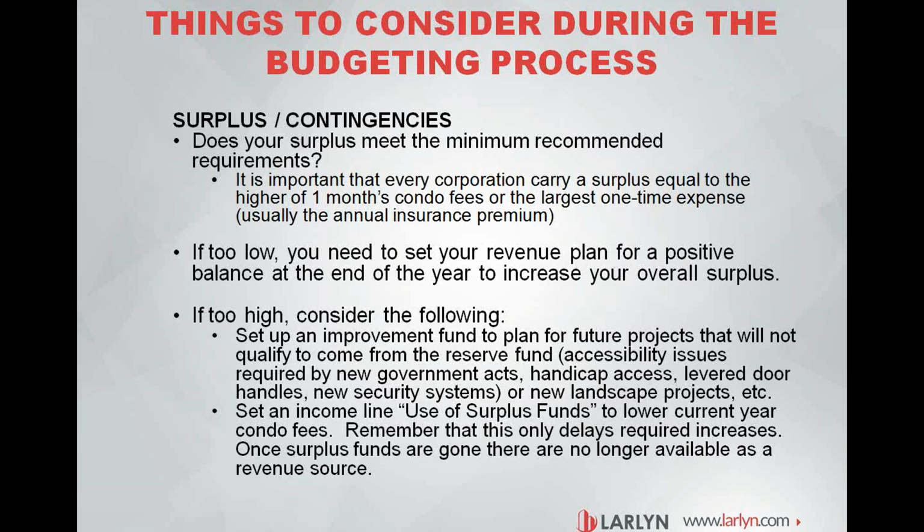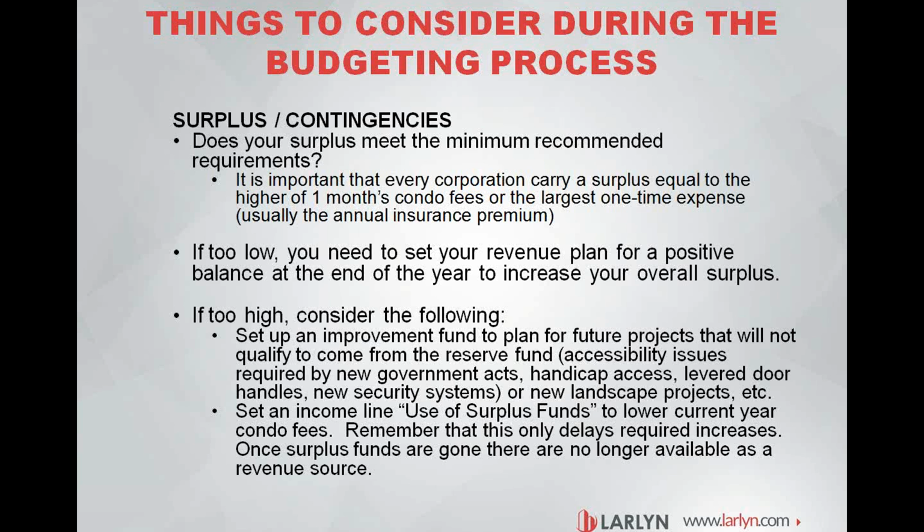So you want to ensure that your surplus meets the minimum recommended requirement. If it's too low, you need to set your revenue plan for a positive balance at the end of the year to increase your overall surplus. So what that means is you need to ensure that you're going to have enough revenue in order to contribute to that surplus and not fall short.